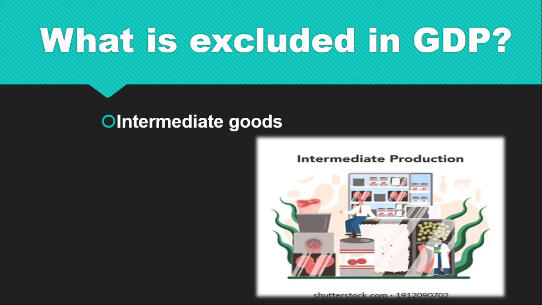For example, if you need wheels to produce a car, although maybe you bought them for, let's say, 20, you are going to use them to produce the car, so the wheels will not be part of GDP, but the final product, which is a car, will be part of GDP.